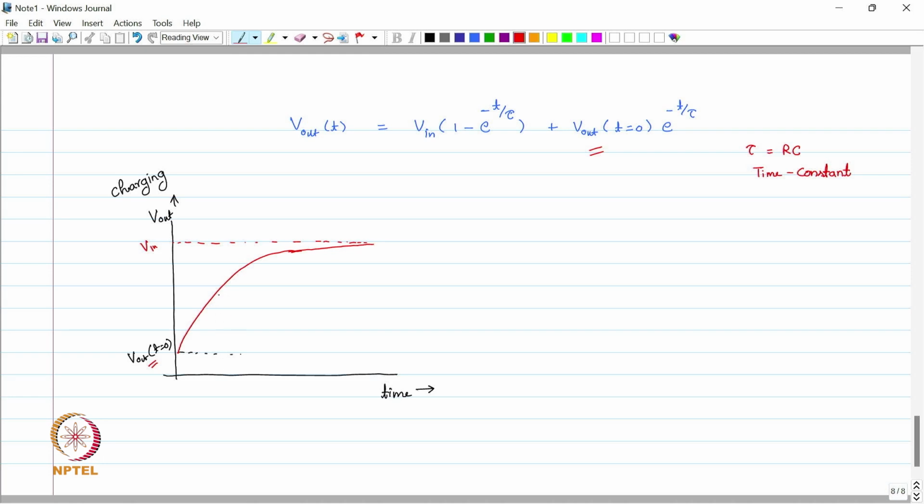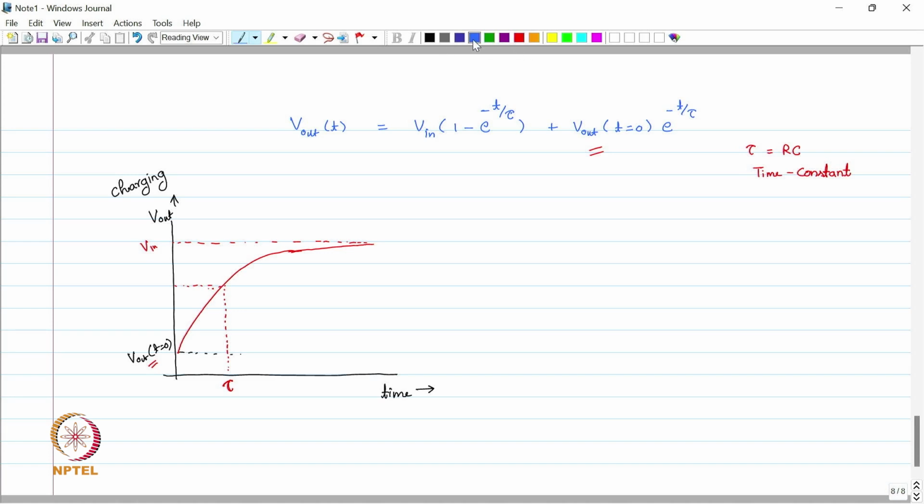And in one time constant, which is tau, in tau time, the output actually achieves 63% of the total full swing.